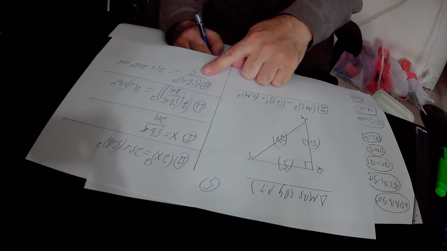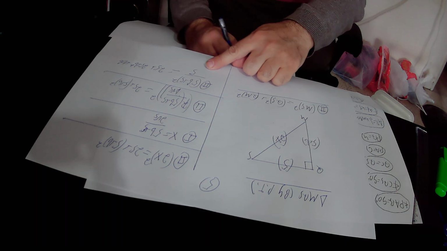So the expression (5b plus 5) squared in total equals 25b squared plus 25 plus 50b, all divided by 5.